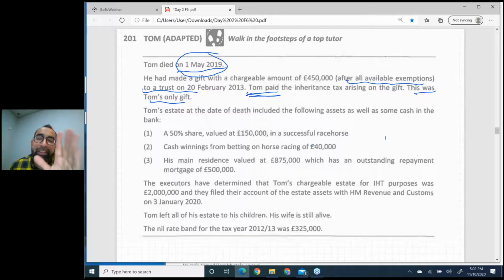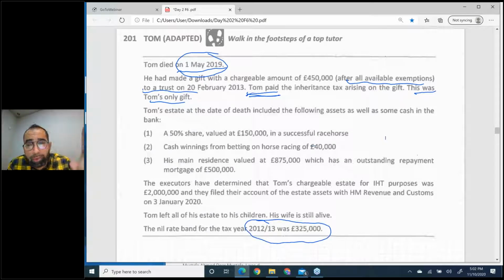So the last 7 years from February 13 are totally free. And February 13 lies in the 12-13 fiscal year.